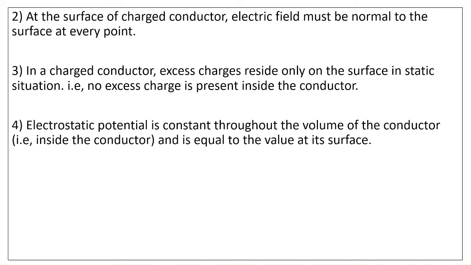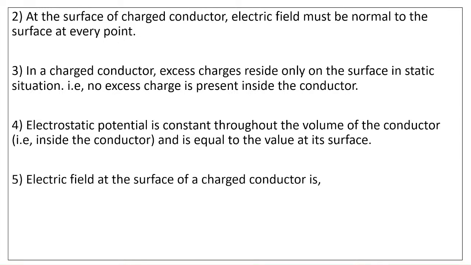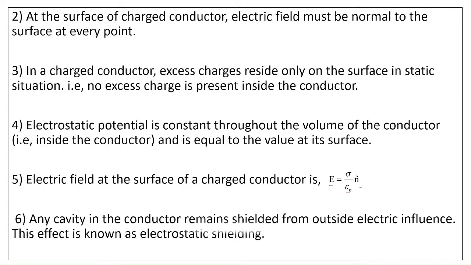Electrostatic potential is constant throughout the volume of the conductor, that is, inside the conductor, and is equal to the value at its surface. 5. Electric field at the surface of a charged conductor is E is equal to sigma by epsilon naught into n cap. 6. Any cavity in the conductor remains shielded from outside electric influence. This effect is known as electrostatic shielding.